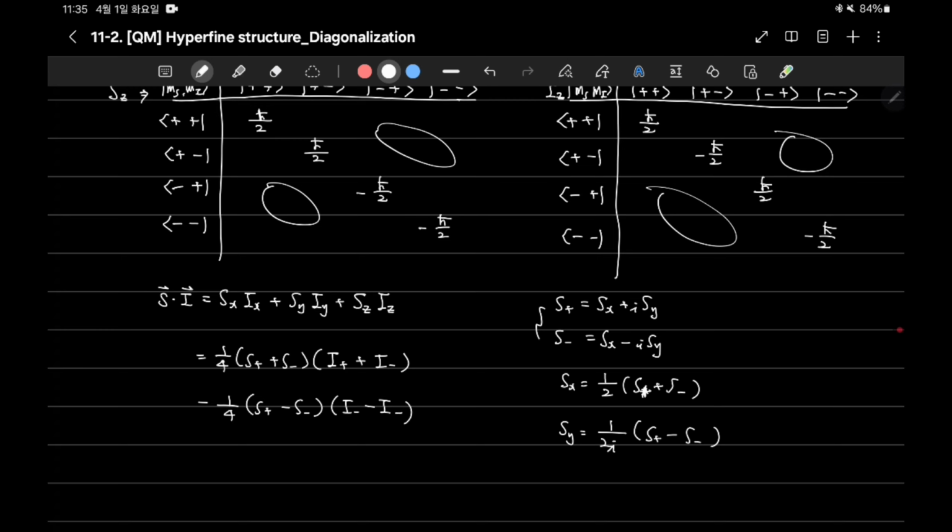And also the third term is simply sg plus ig.